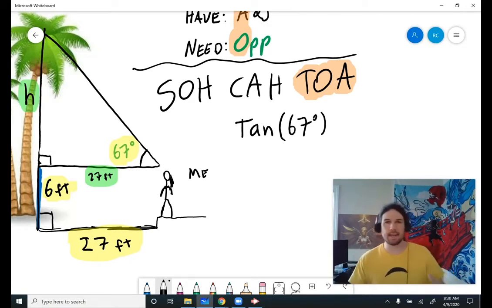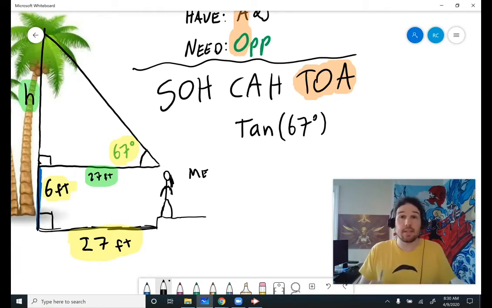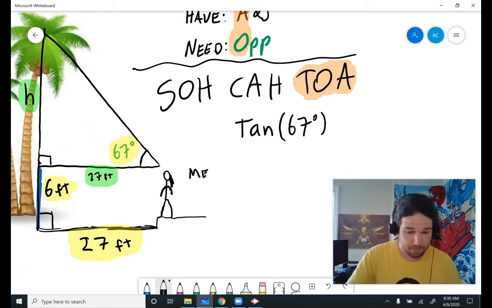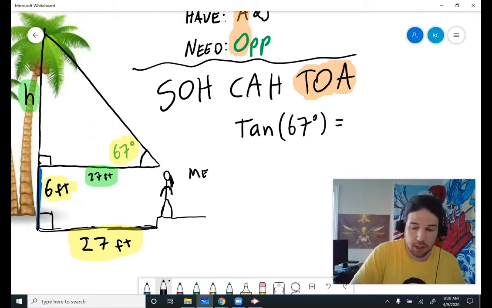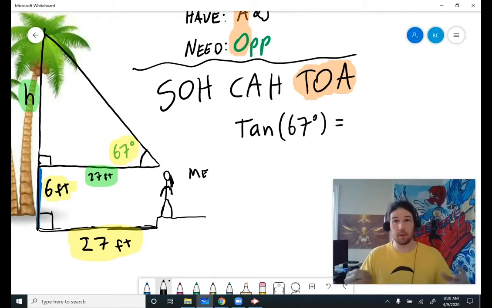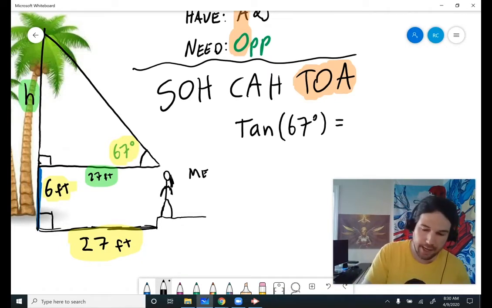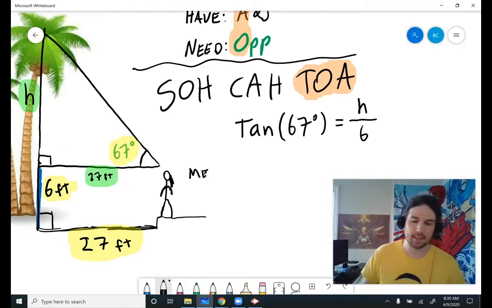So the idea is that this tangent of 67 degrees is the multiplier. It is the ratio between the opposite and adjacent legs. So we're going to plug that into our calculator in a minute. And that ratio is equal to the ratio of the opposite leg over the adjacent leg. So H is the opposite leg, divided by 6 is the adjacent leg.